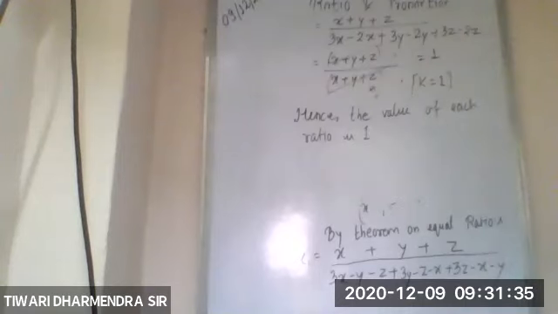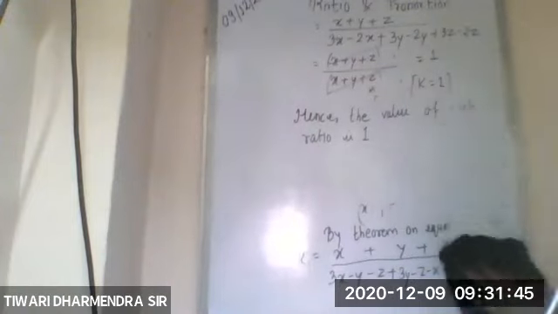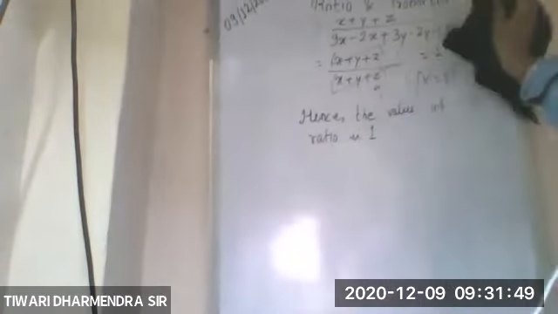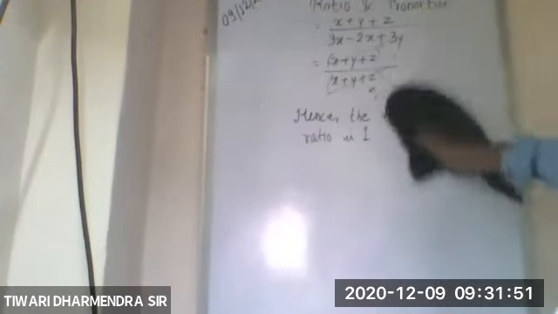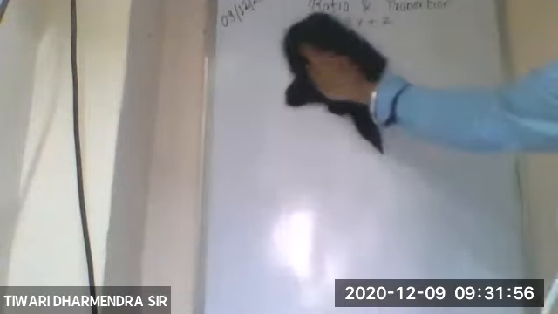There we took the help of componendo, dividendo, alternando. Here we need to take help of the theorem on equal ratios. And I've told you that in order to divide by x or something, multiplying and dividing, that term should not be equal to 0. In the last lecture also, and again we'll see it here.